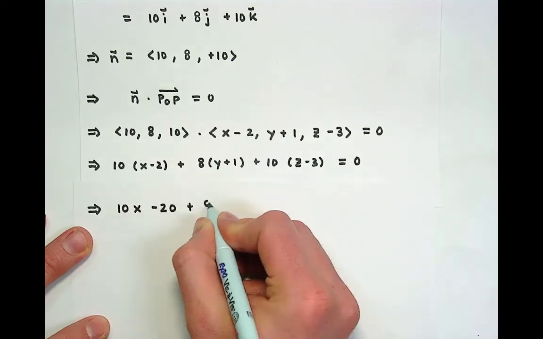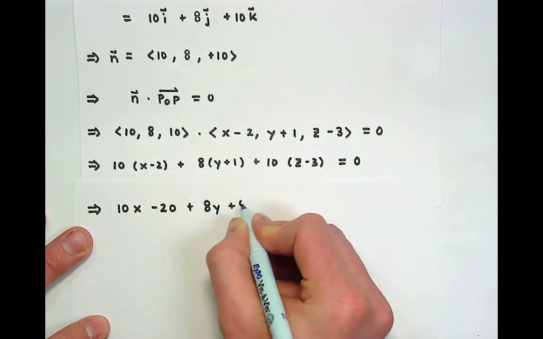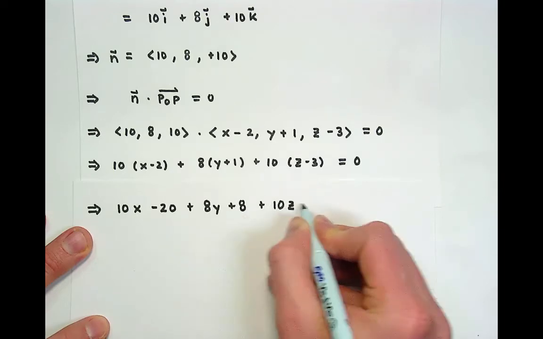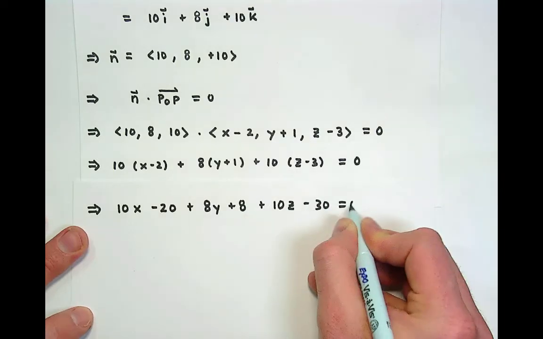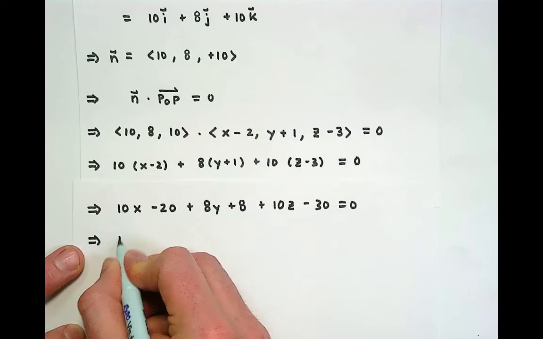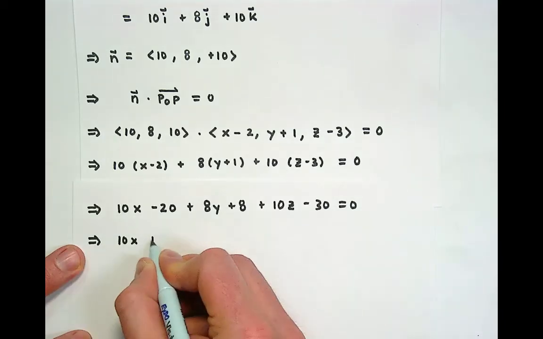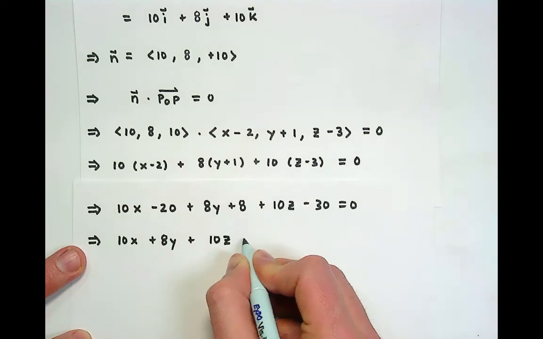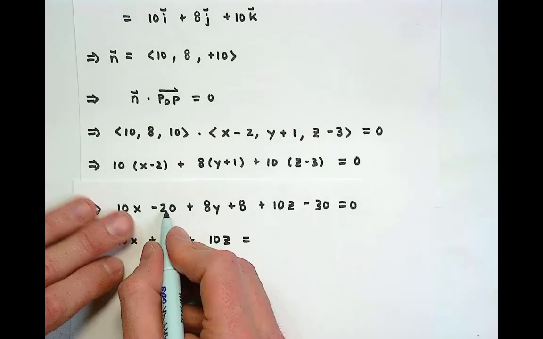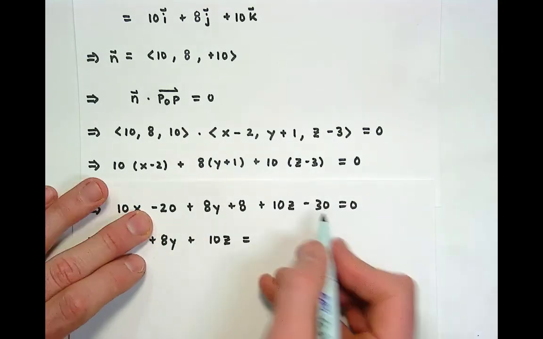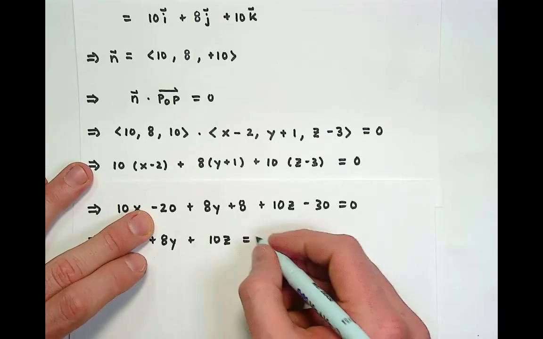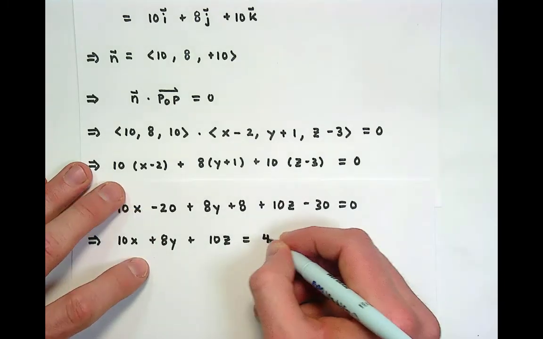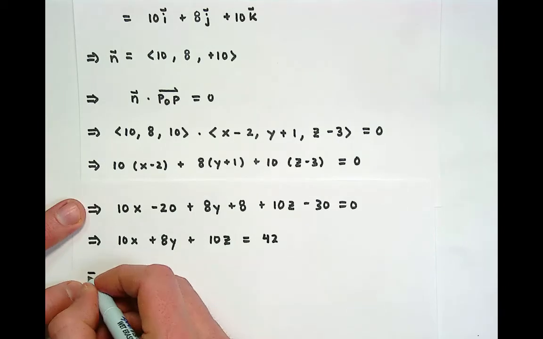So this would be minus 20 plus 8y plus 8 plus 10z minus 30 equals 0. And of course, we can go ahead and collect the operative terms here and bring all these together. So minus 20 minus 30 would be what? Minus 50. Plus 8 is minus 42. I bring it over to the side, and this is plus 42.